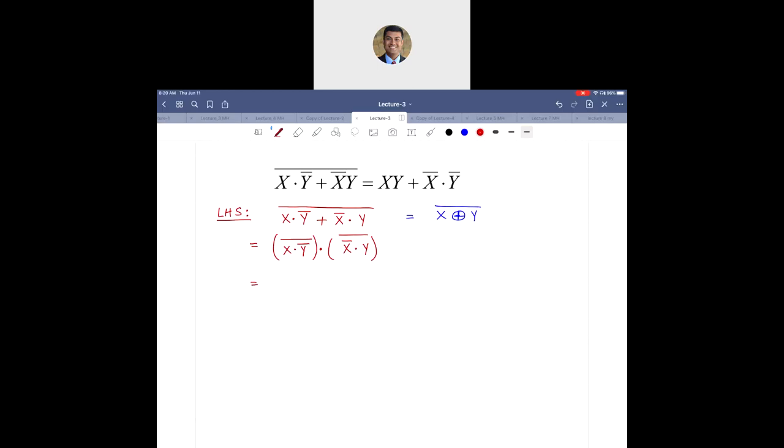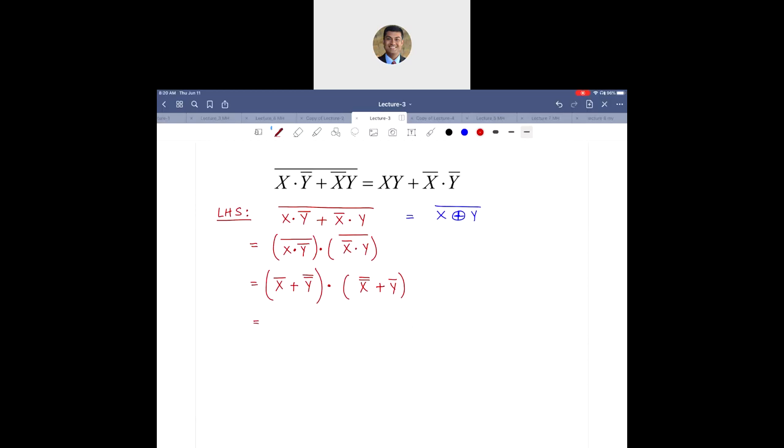So I can use it on the first term here. X becomes X complement. The AND sign becomes OR, Y double complement. And the AND sign remains as is. And then I have X double complement or Y complement.